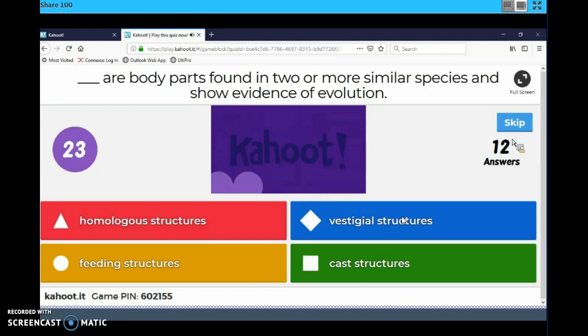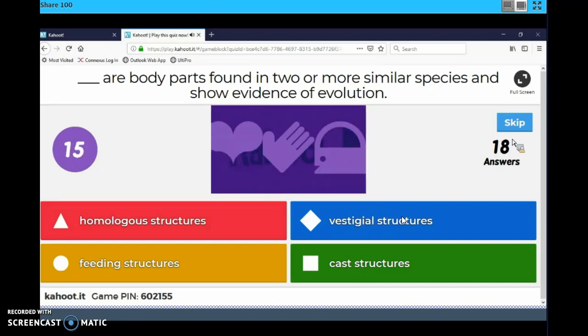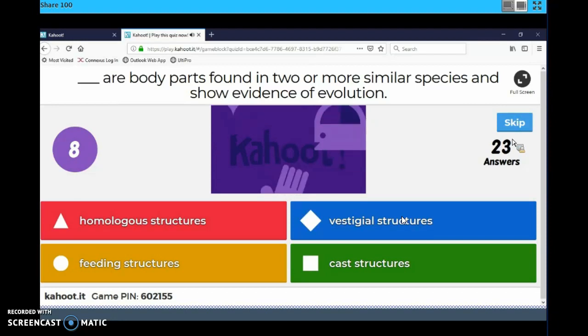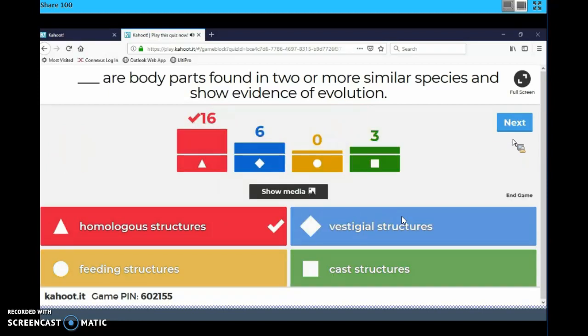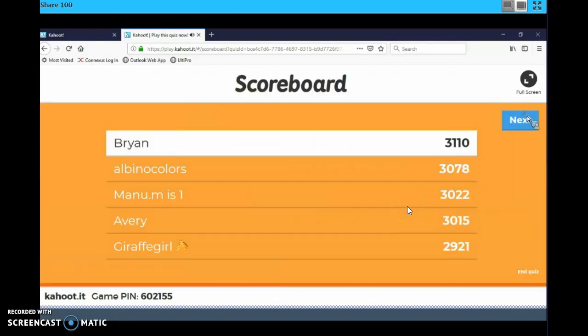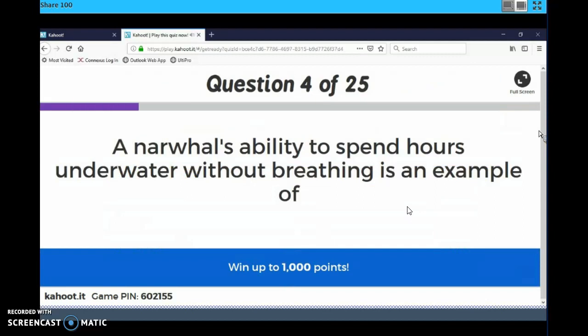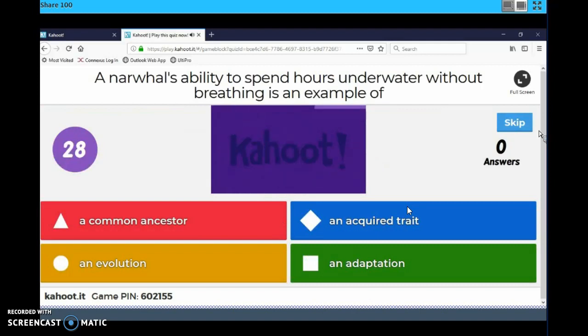They may have different functions, but they're similar parts, but they show evidence of evolution. Homologous structures, yes.